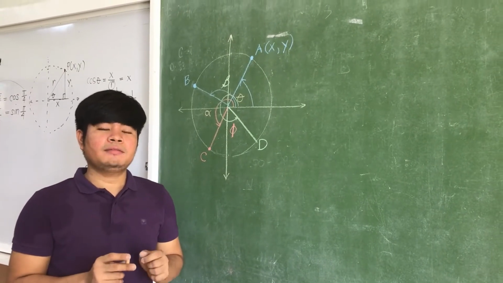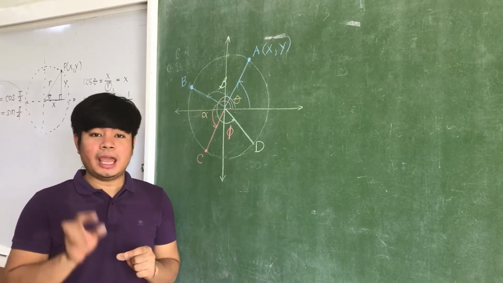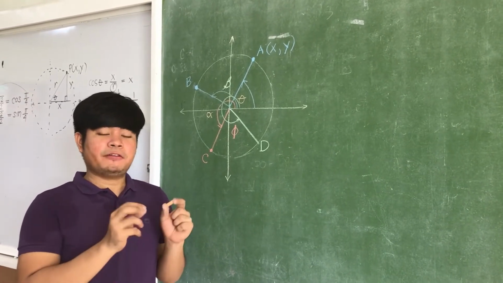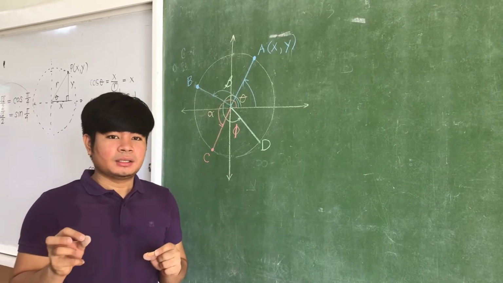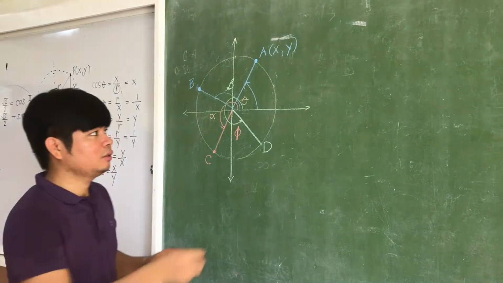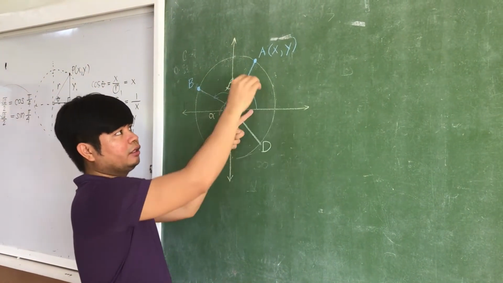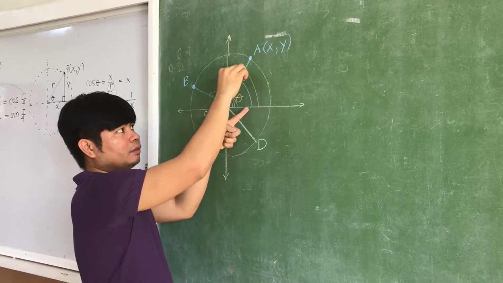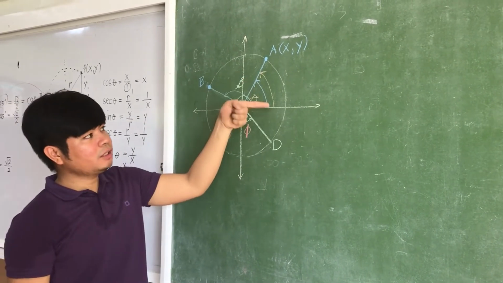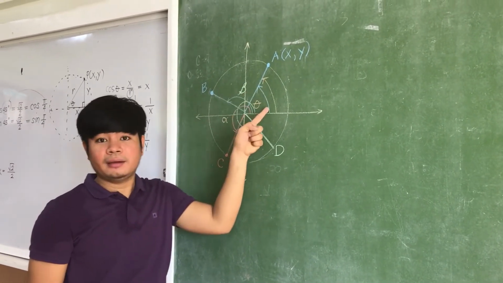Now, what if we are interested to know the angle measure formed from the x-axis to the terminal side? Here, we are interested to know this. And we observe that that is already an acute angle, right?